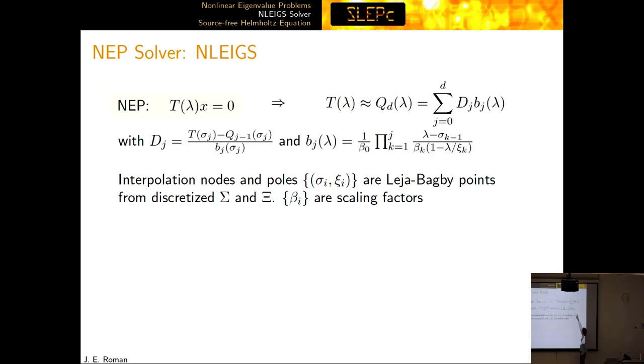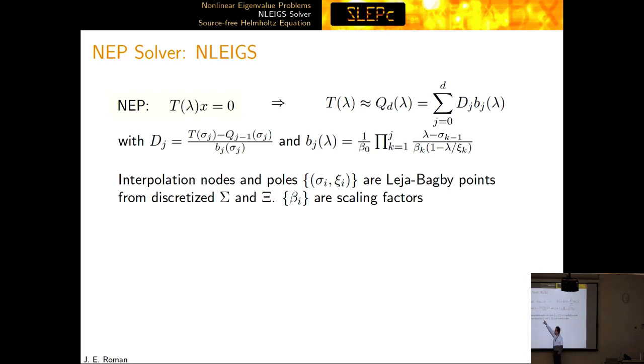So we have a number of terms, and in each term we have the divided difference matrix multiplying a rational function. And these rational functions are increasing in degree. There are a number of factors, and here you can see we have poles and zeros that are defined as Leja-Bagby points from these 2 sets.